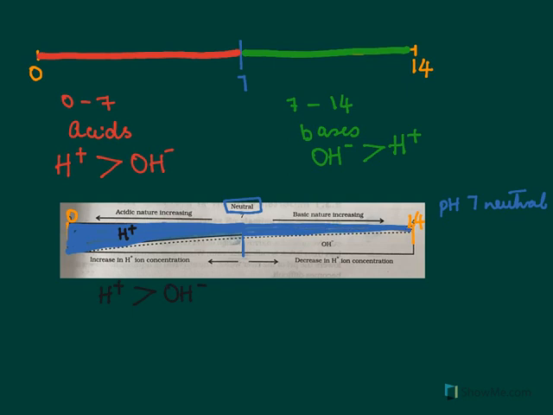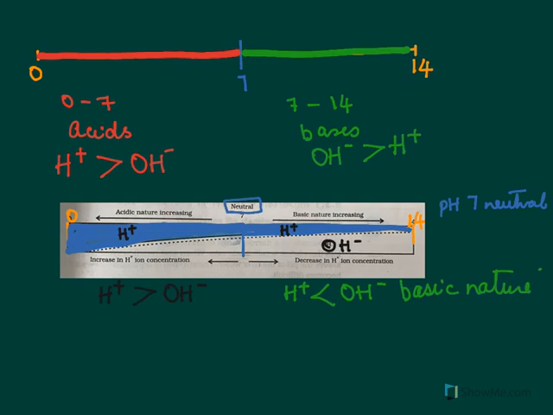They are slowly decreasing. This here is the hydrogen ions, and this here are the OH ions. So when we go on to the other side, we find that the hydrogen ions are now becoming less than the OH ions, and we get bases, or we get basic nature.